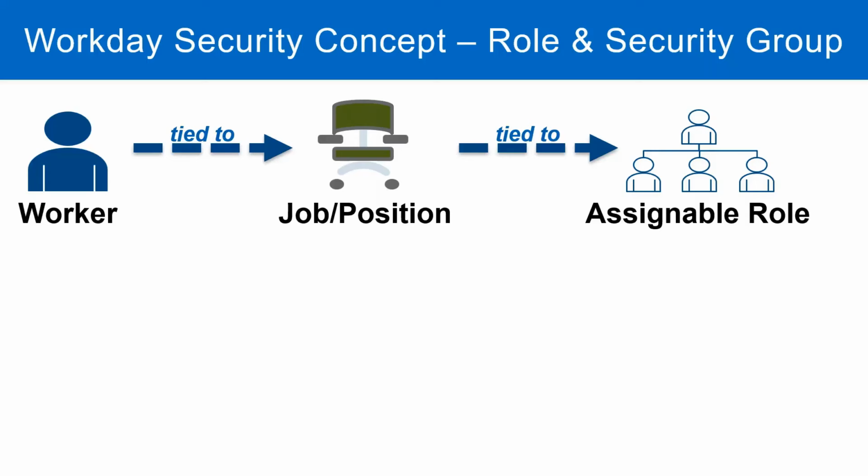Take a normal example. Let's say a manager. You have a department and you have a manager. The manager's position is vacant. The existing manager left and we are looking for a replacement.